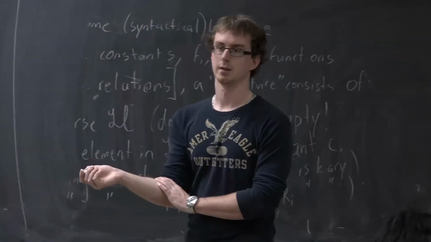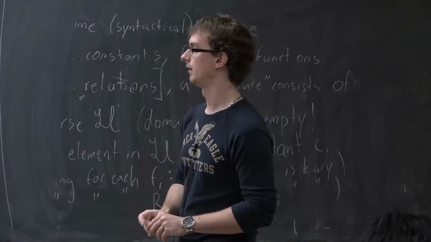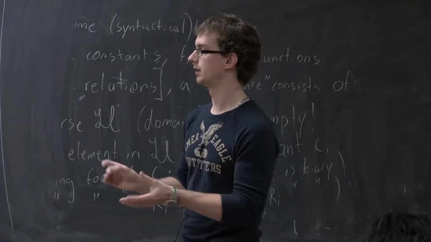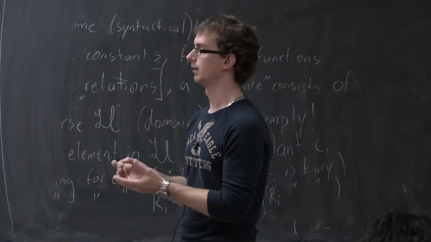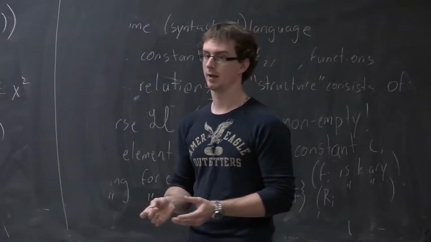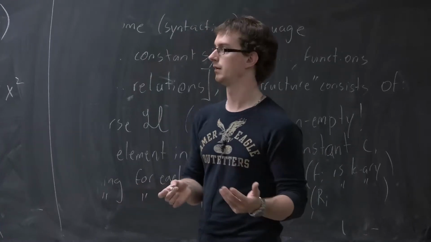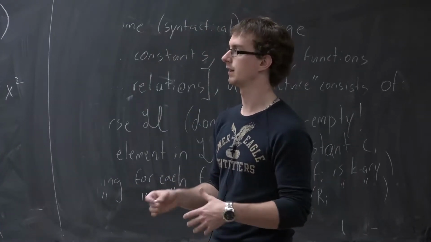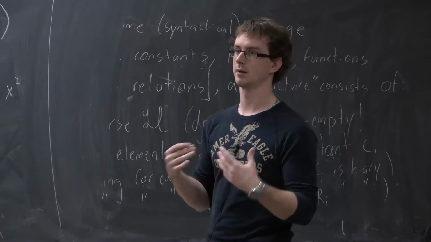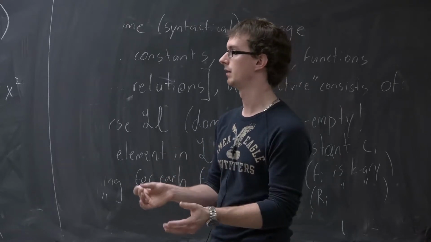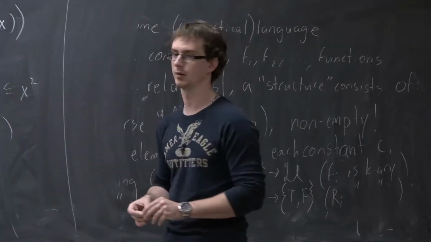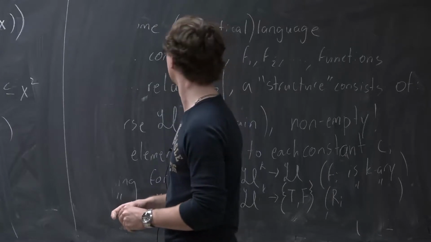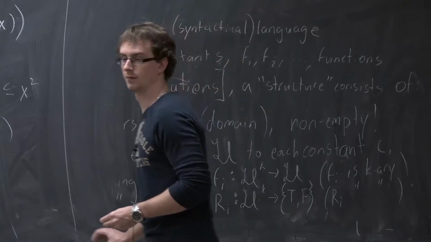So this is just going to show you why it's important that we be clear about what the structure of our language is, and why there is this clear difference between semantics and syntax, and the fact that we have to fix our interpretation of what these symbols mean in order to actually understand what the formulas are saying. Okay?